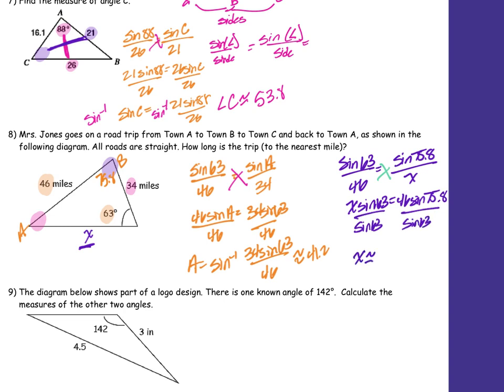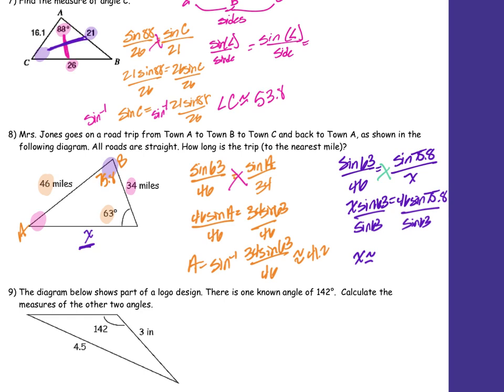And x is approximately going to be equal to, and this to the nearest mile, so I'm going to round this to a whole number. 46 sine 75.8 divided by sine 63.